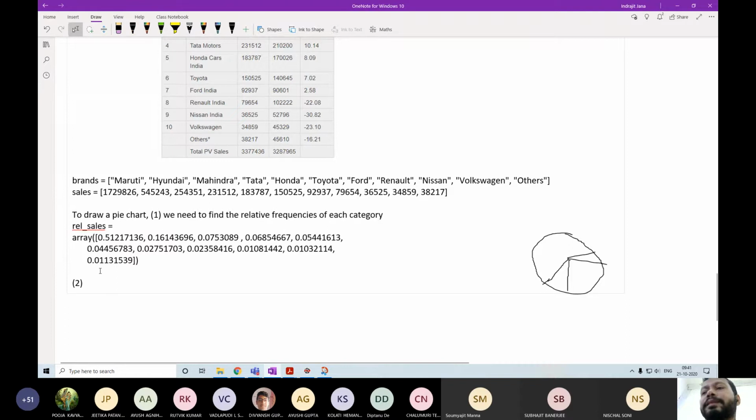So basically, the angle of each slice is proportional to the relative frequency or frequency of each category.